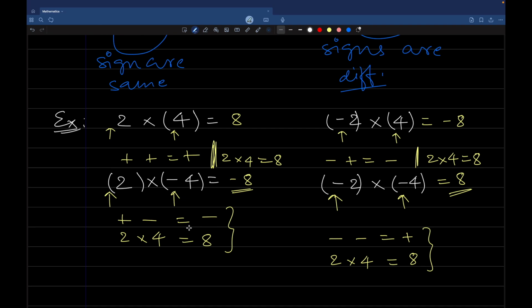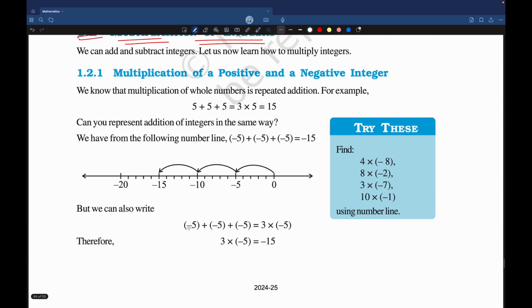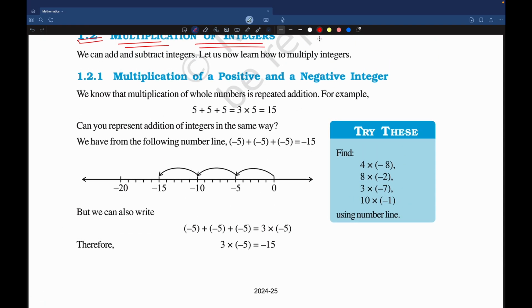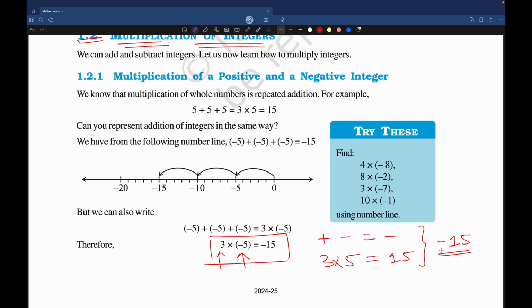Okay, so let's discuss the theory. In theory, they have taken one example, that is 3 into minus 5. We have one sign positive, one sign negative, so plus into minus is minus, 3 into 5 is 15, so we have minus 15 as answer.